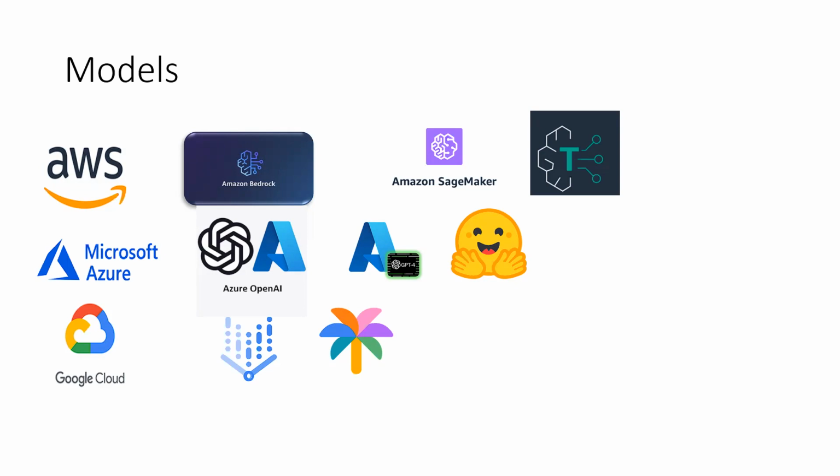It can be used through a single API, and it provides lots of capabilities, along with security, privacy, as well as responsible AI. So this is one of the models that AWS uses as a foundation model.